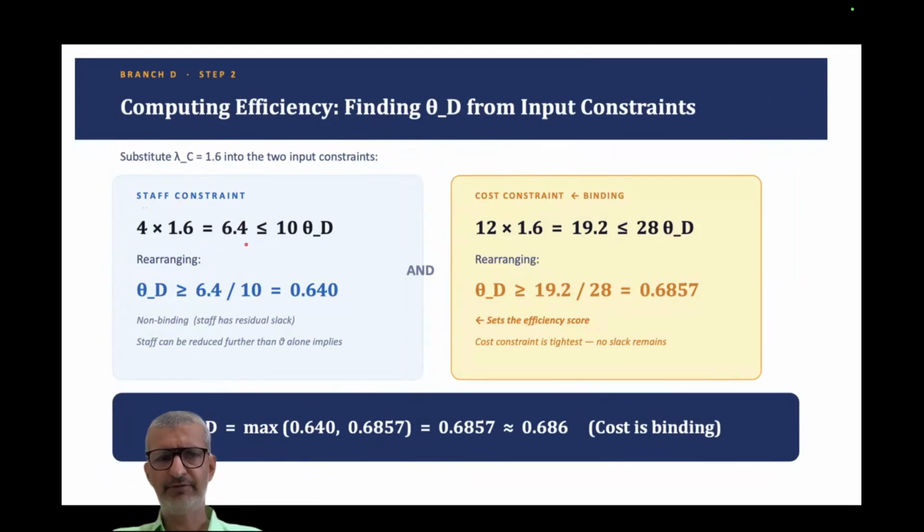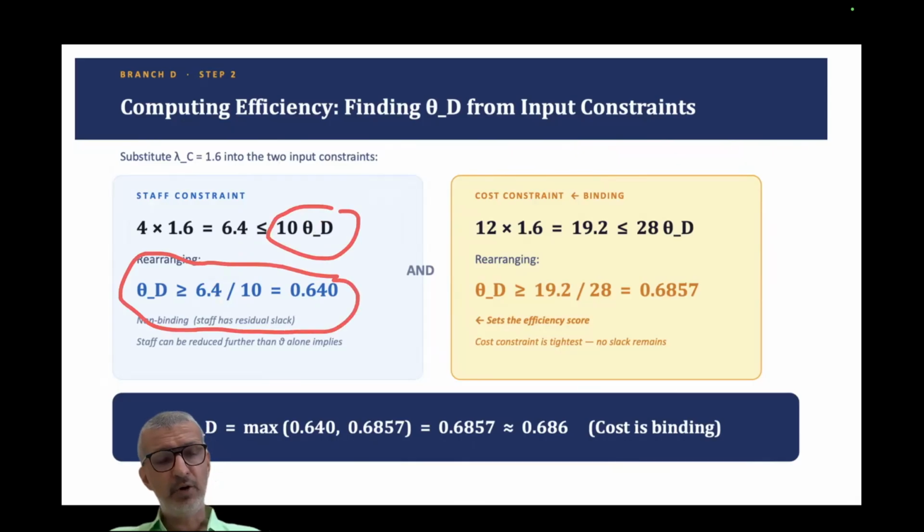We make it 6.4 less than or equal to 10 times theta d. So when we have to find theta d, we divide 6.4 by 10. It is 0.640. Now we also have to look at the cost constraint. We have to multiply this 12 also with 1.6, which we get as 19.2, should be less than or equal to 28 times theta d. So when we solve for theta d, 19.2 divided by 28, we get 0.6857.